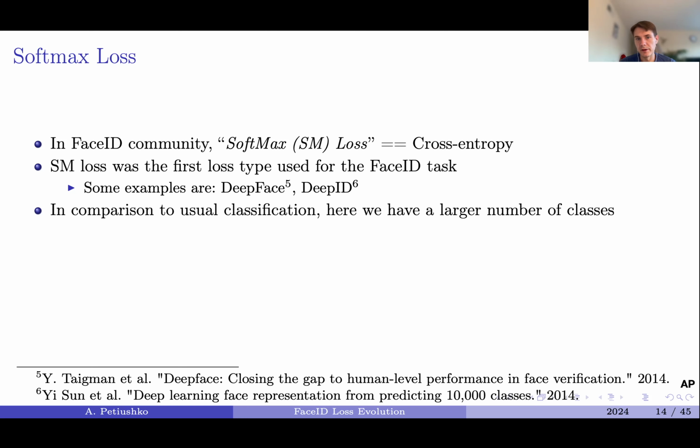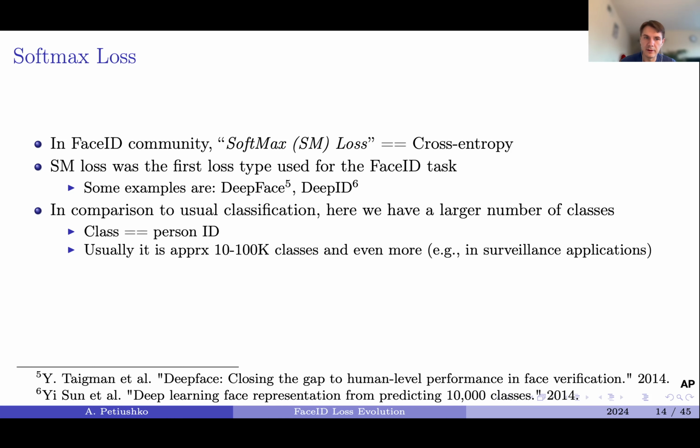In comparison to usual classification, where we can have 10 or 100 classes, here we have a large number of classes, probably much bigger. What is a class here? A class here is a person ID. For example, person 1, person 2, person 3, person 5, and usually it's from 10 to 100k, where k means 1000 classes.